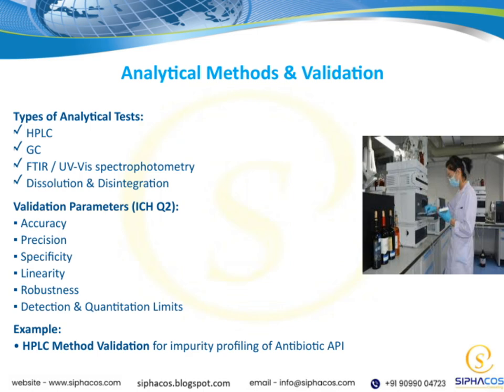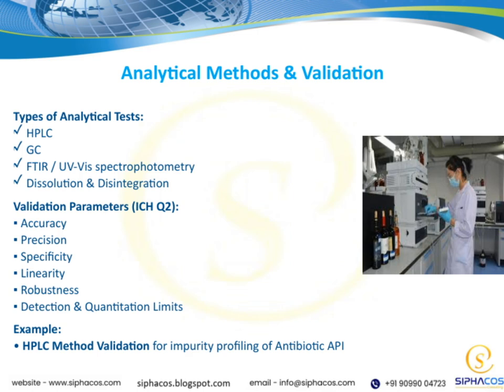Specificity is about the method's ability to measure the analyte without interference from other substances. Linearity assesses whether the response is proportional to the concentration within a certain range. Robustness evaluates how small changes in method conditions affect results, and detection and quantitation limits define the smallest amount we can reliably detect or measure.